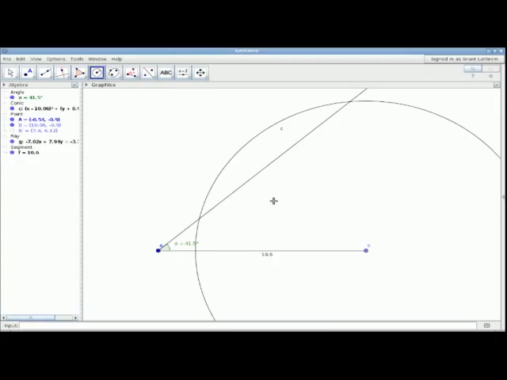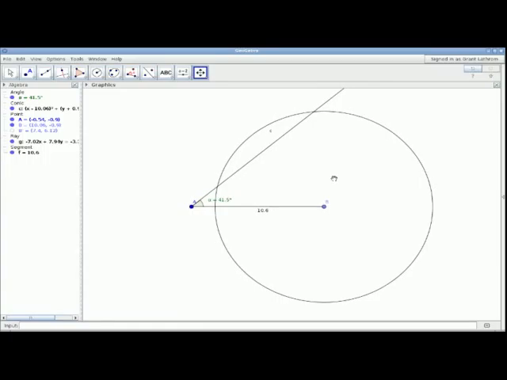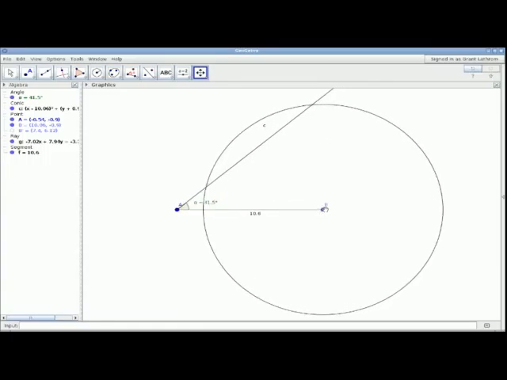Every point on that circle is going to be a distance of 8.7 units from B. And so every point of intersection that that circle has with this ray gives me one possible triangle that will have angle A being 41.5 degrees, side B being 10.6, and side A being 8.7 units.